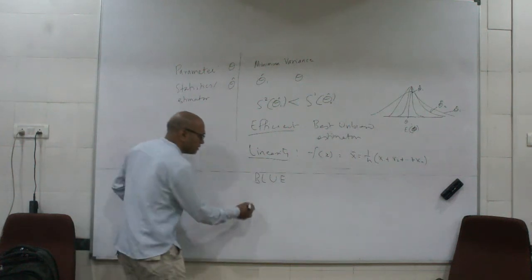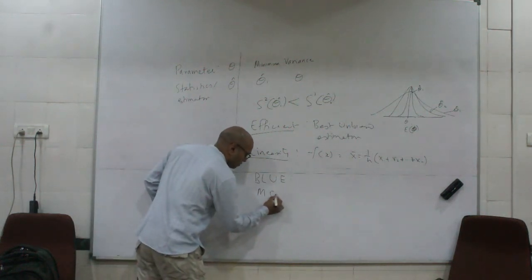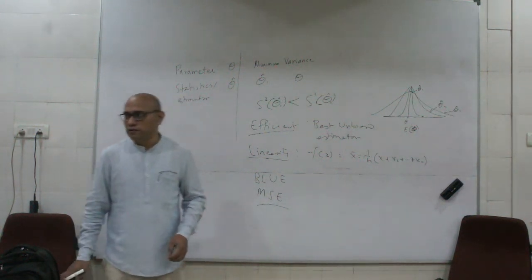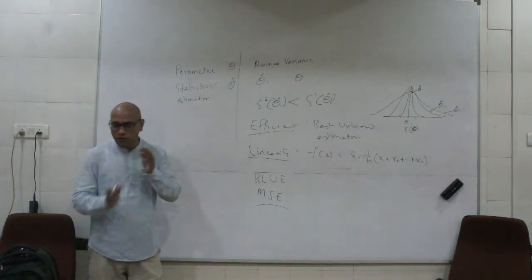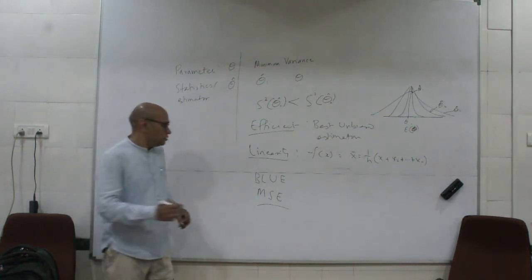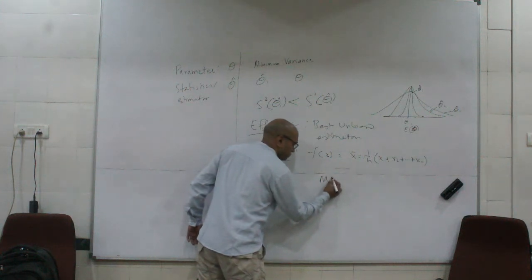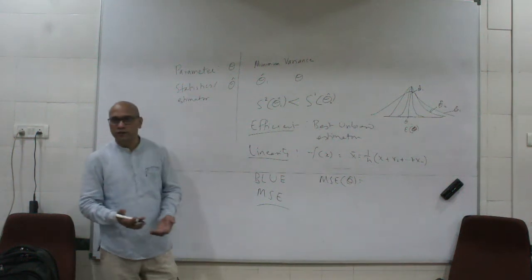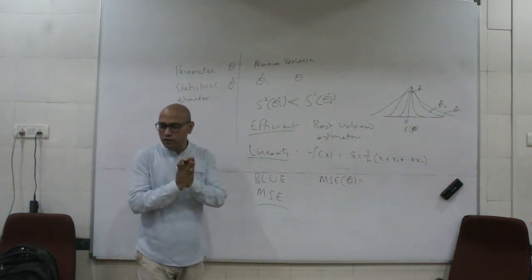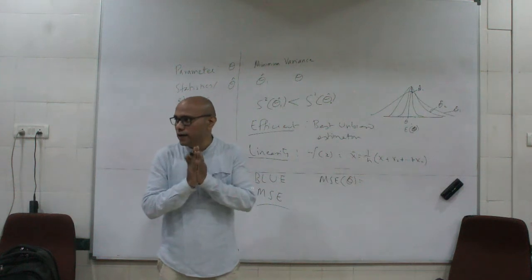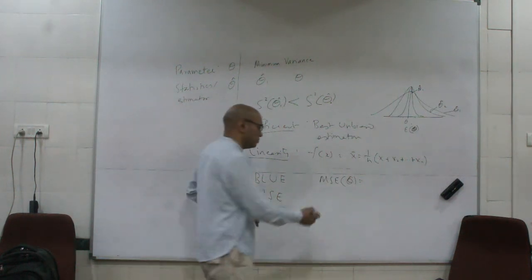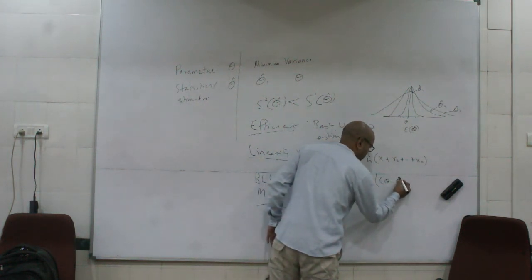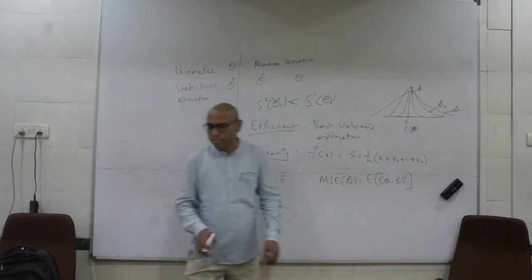The last property that we would discuss is MSE, mean square error. Mean square error of an estimator theta hat, MSE of theta hat, is the expectation of theta hat minus theta, squared.